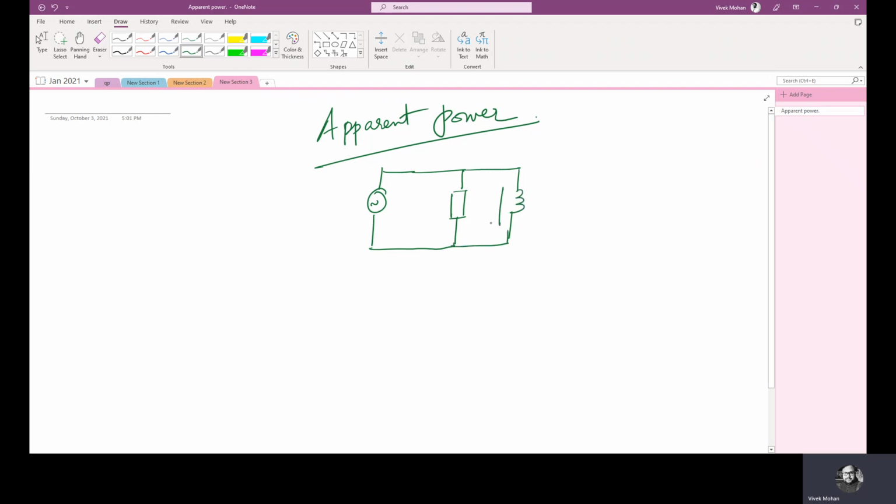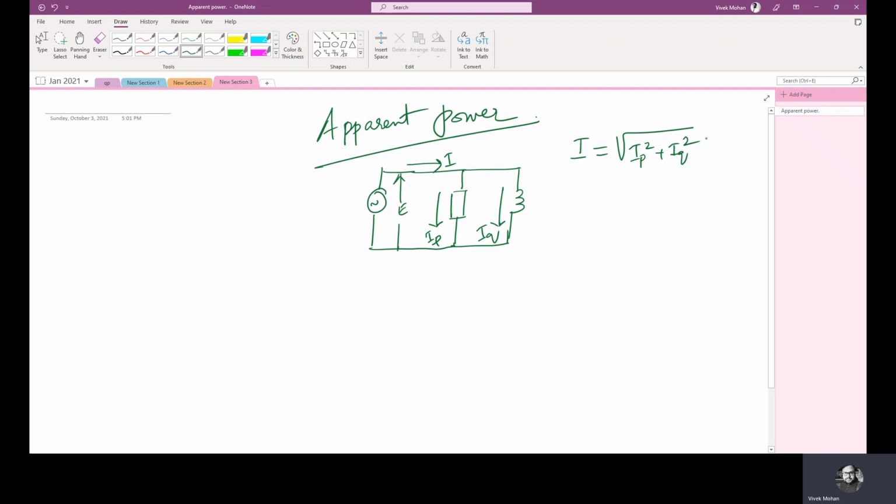I'm taking this as current IQ, this as current IP, and this as E, and this is current I. So current I is equal to root of IP squared plus IQ squared. Obviously, it's the vector sum of IP and IQ, where IP and IQ are 90 degrees apart.